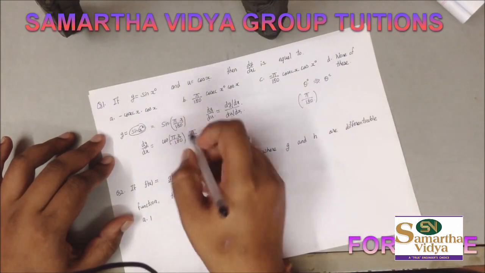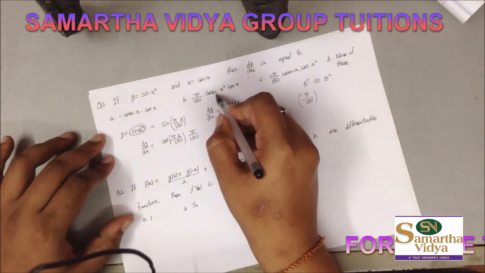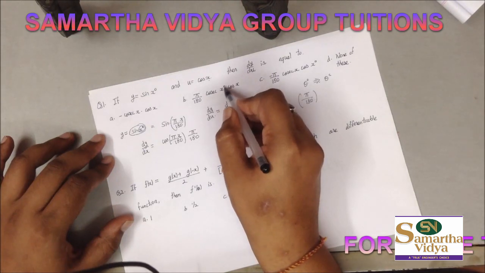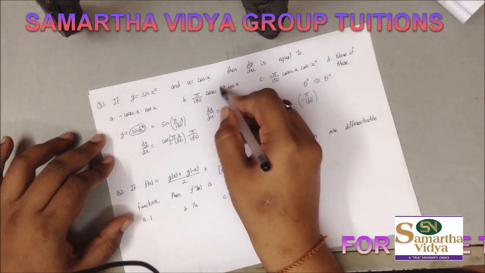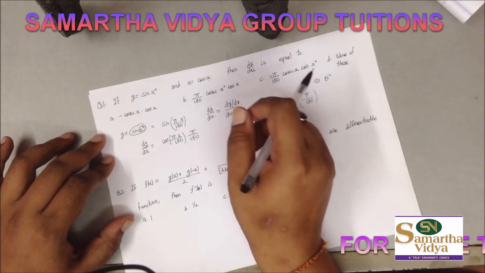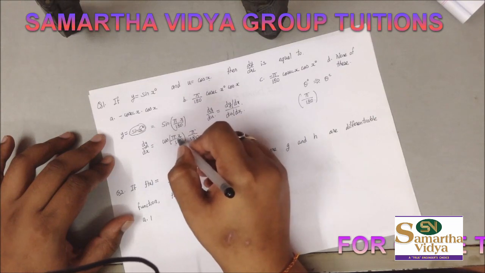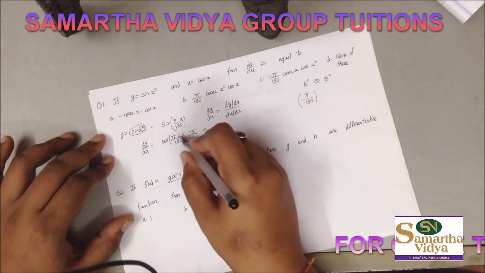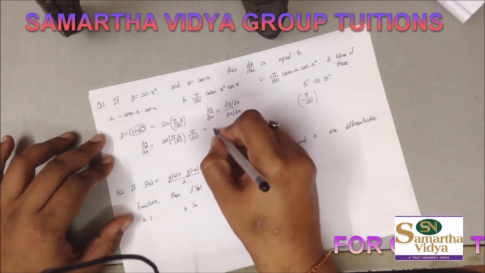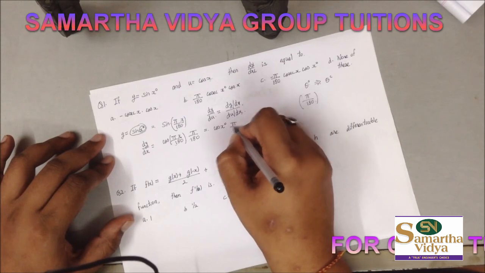Now if you look at the options which are given to us, we have a term which is x degrees. That means my x is again going back to the degrees form, so this thing is also to be converted to degrees form. So that becomes cos x°, and we have the pi by 180 outside.